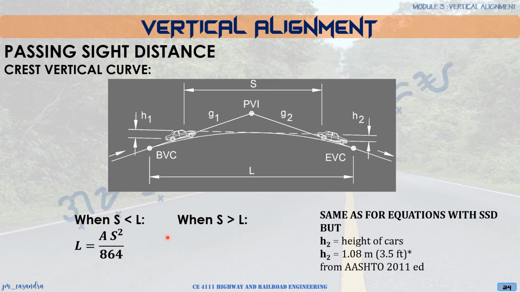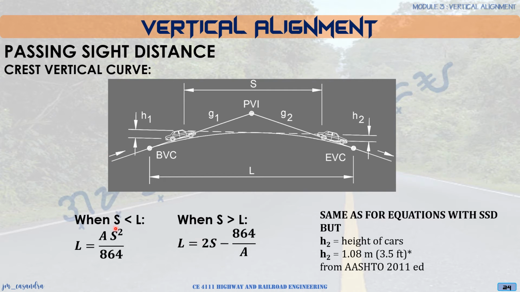And then when we have S being greater than the length, then the length is computed as 2S minus 864 divided by A.